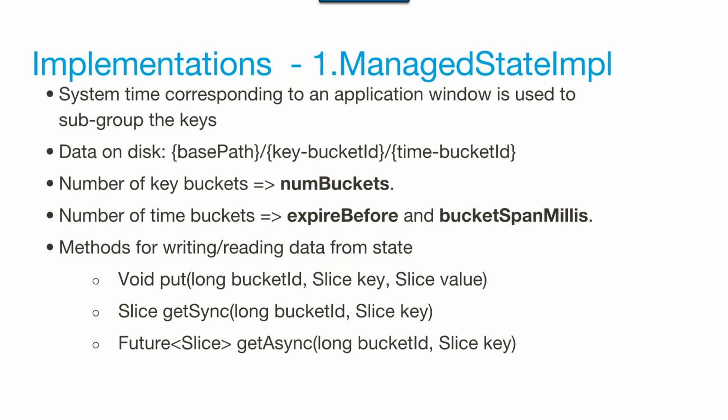That means even if the tuple has a time field, it ignores it and uses the system time. And the data is written on disk in this format: the base path, the key bucket ID, and then the time buckets.